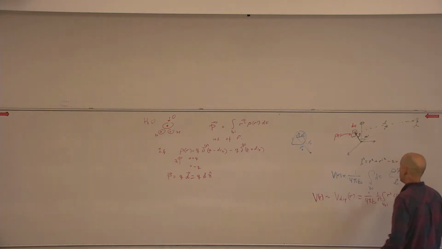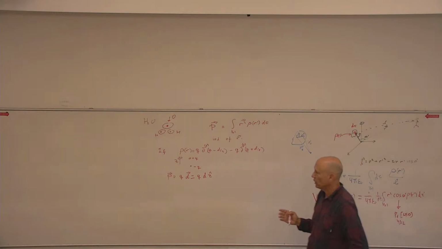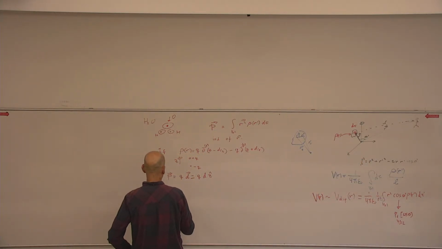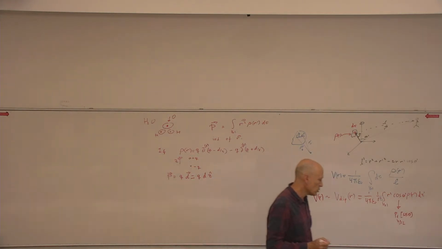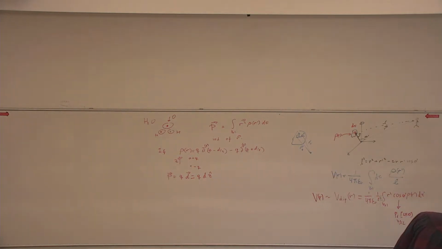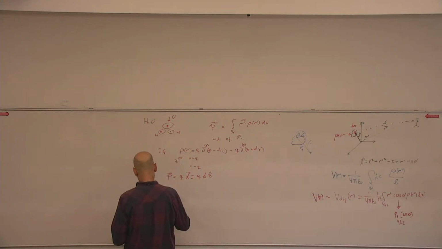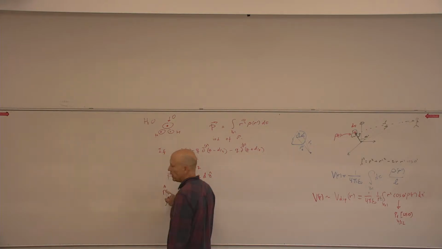So cosine theta reminds us of something. What does it remind you of? A dot product. A very simple dot product, so let's write it. So r hat. The hat is a unit vector.